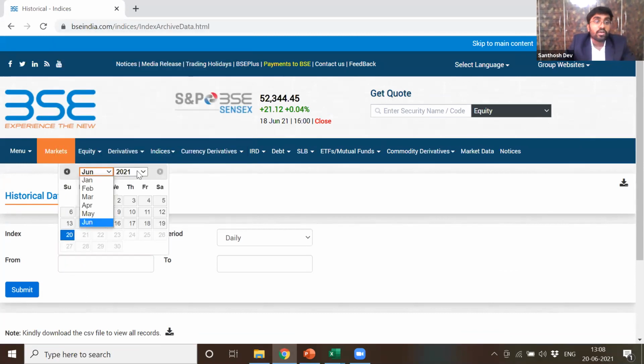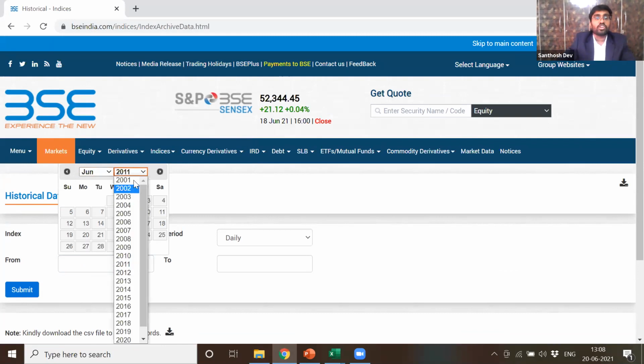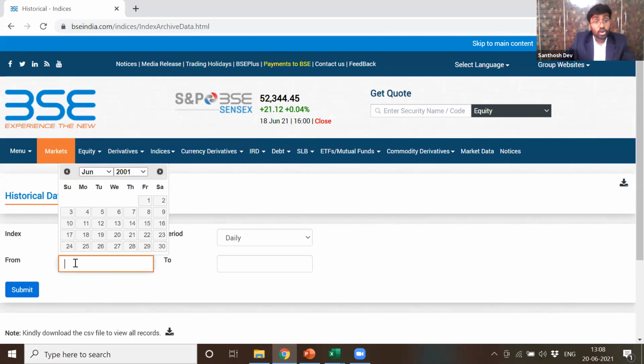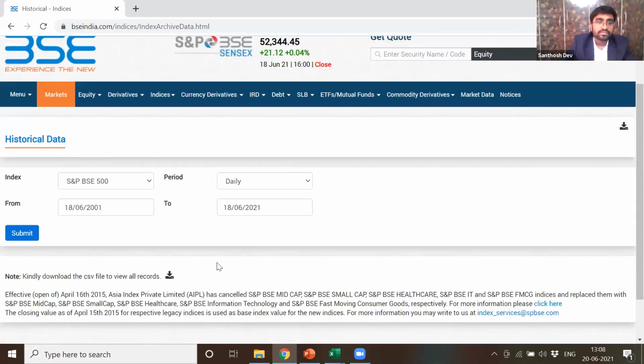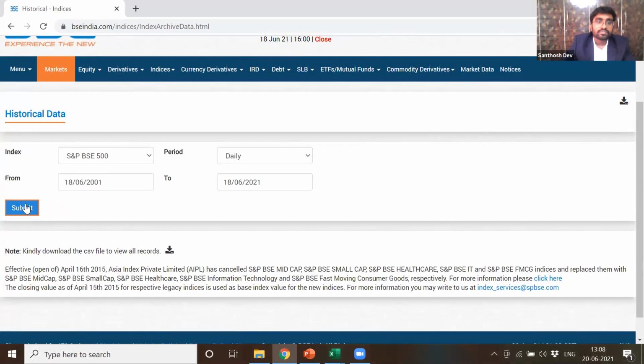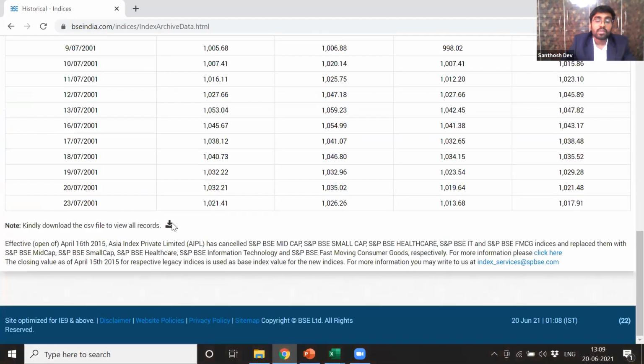The one thing I'll have to be careful about is taking the same set of data as the stock return. I'm going to take it from 18th till 18th of this date. I'm going to download it.